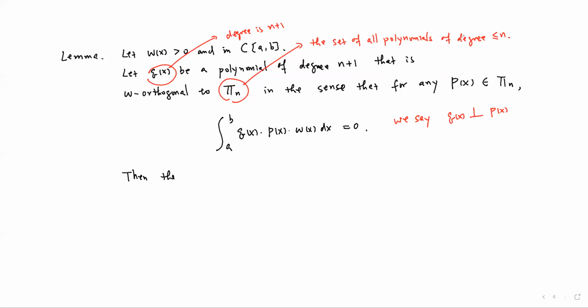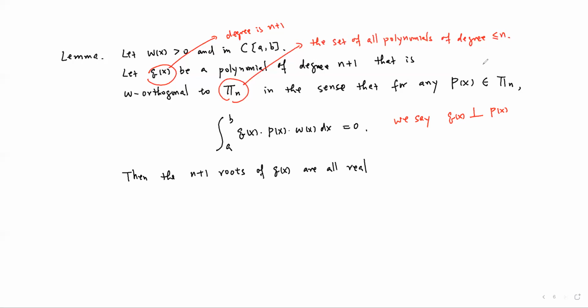Then the n plus 1 roots of this polynomial are all real numbers. The root of a polynomial may not necessarily be a real number.